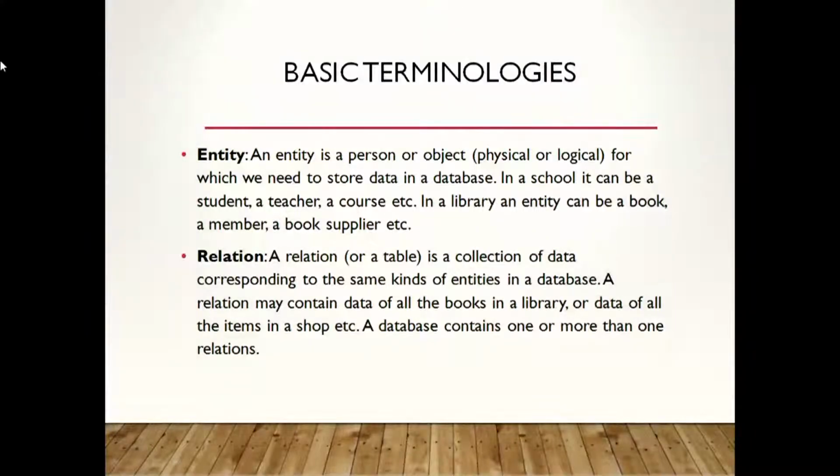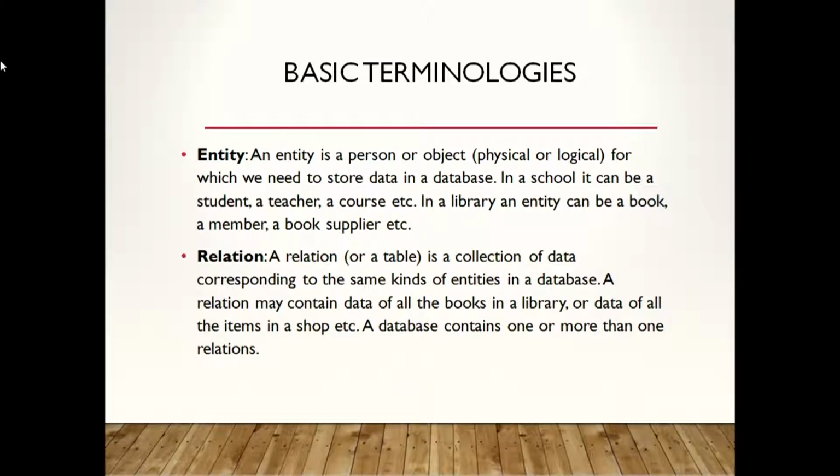Then let's come to relation. A relation or a table is a collection of data corresponding to the same kinds of entities in a database. A relation may contain data of all the books in a library or data of all the items in a shop. A database contains one or more than one relation, so many tables can exist in a database at a particular time.